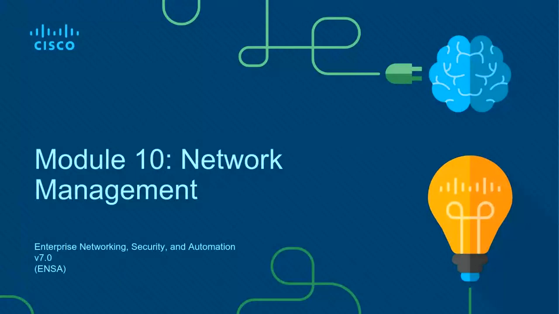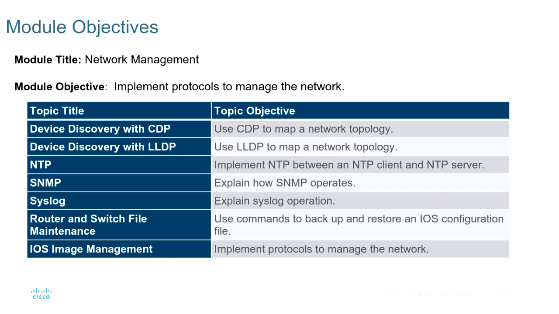Okay, so network management, and here's what we're going to talk about in this particular chapter. Cisco Discovery Protocol is a proprietary protocol, which is very useful for doing labs and very useful in the real world when you want to map out what devices you're plugged into. It's proprietary to Cisco. The dangerous thing is it's on by default.